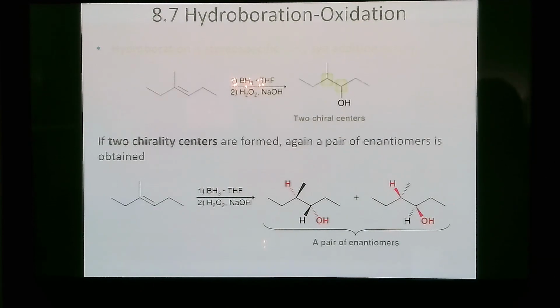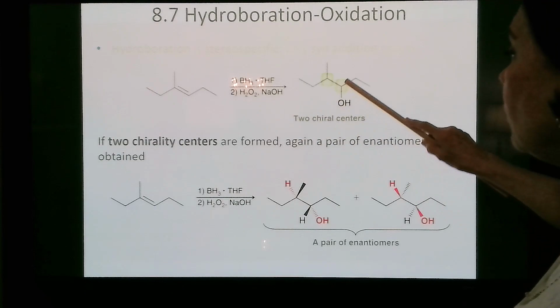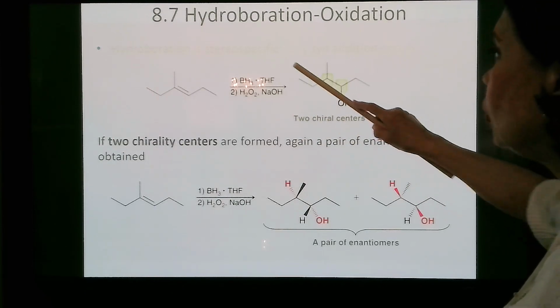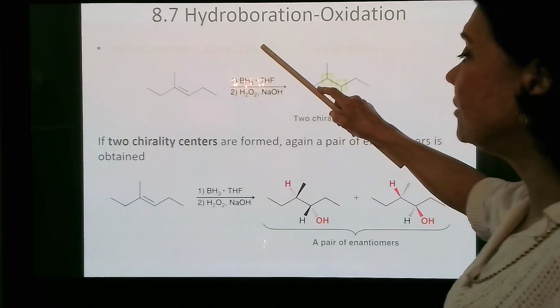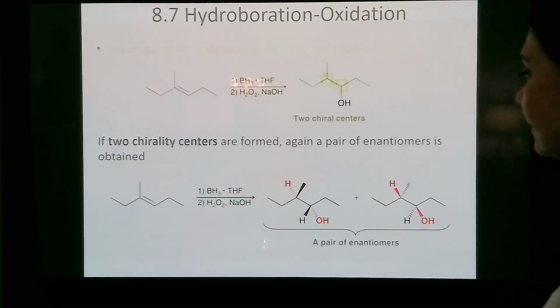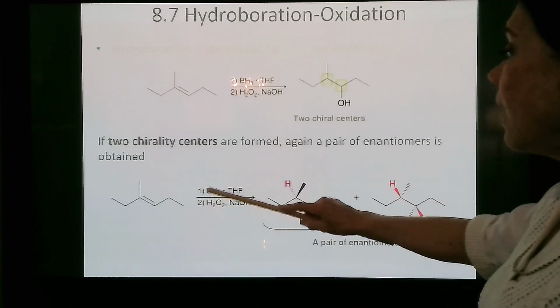So, more on hydroboration oxidation. It's stereospecific. Only syn addition occurs. This is coming out of your textbook. It is not stereospecific. It is stereoselective. Okay.